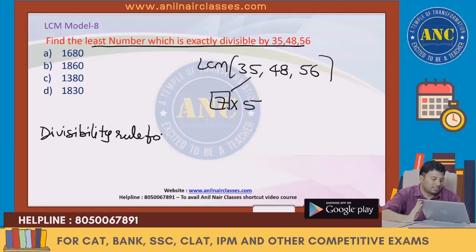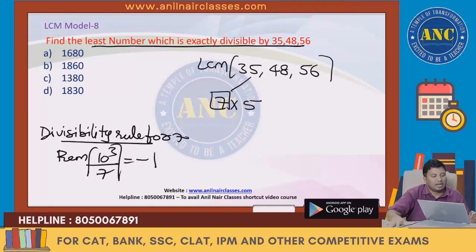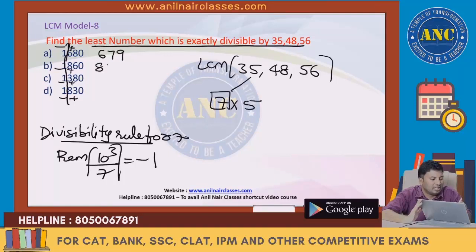Divisibility rule for 7 is, remainder 1, 10 power 3 divided by 7 is minus 1. Take a group of 3 digits and add it. Now, alternatively add and subtract.